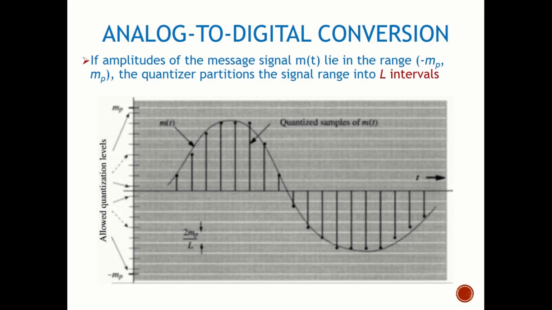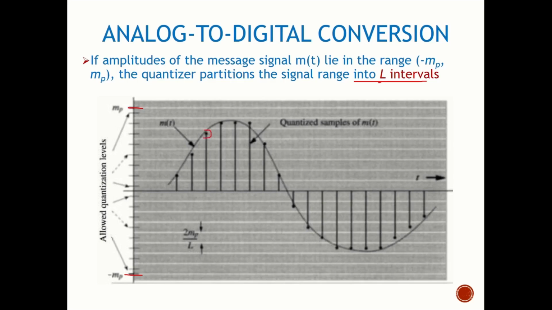Now this is another figure where we can see the number of levels are large. If we count them, they are around 16 levels. So this is the lowest value and this is the peak value. Between these two, we divide them into 16 levels and they are represented by capital L. The samples are shown here.